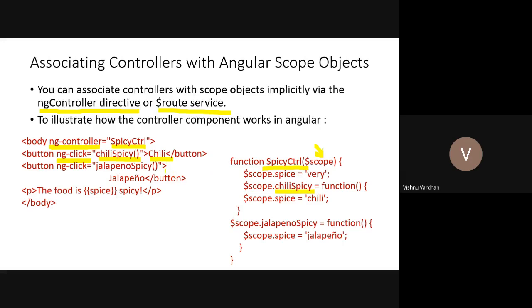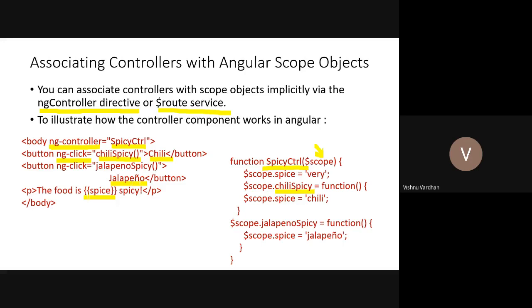There are two buttons: one button name is chili and the second is jalapeno. We are going to show whichever button the user selected, chili or jalapeno. These are spices.